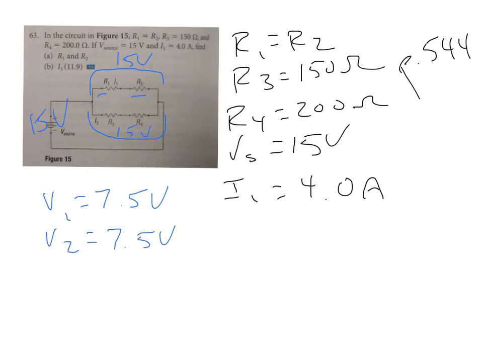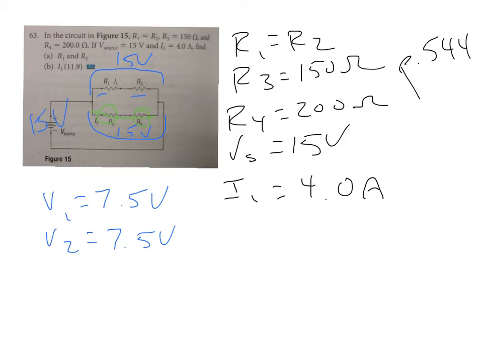Next part, I'm going to look at the current situation. The current I3 that's going to go through those 2 resistors has to equal, times the resistance, so I3 times R3 plus I3 times R4 has to give me 15 volts. If you recall from Ohm's law, current times resistance is voltage. So the voltage at this point and the voltage at this point added together has to give me 15 volts.